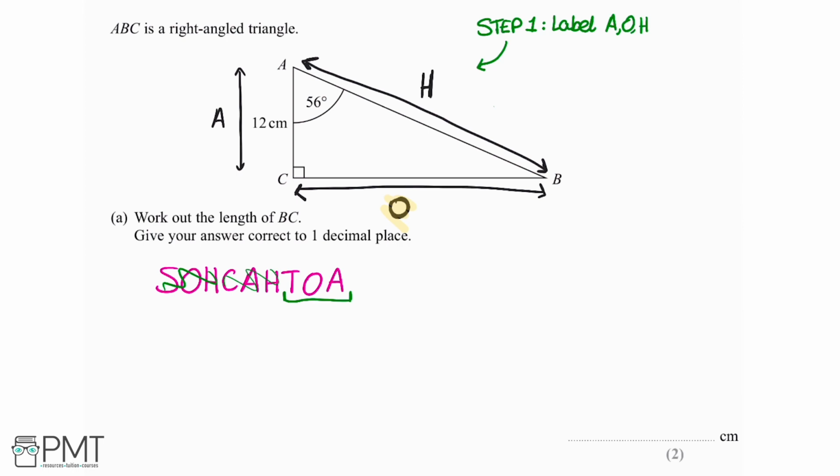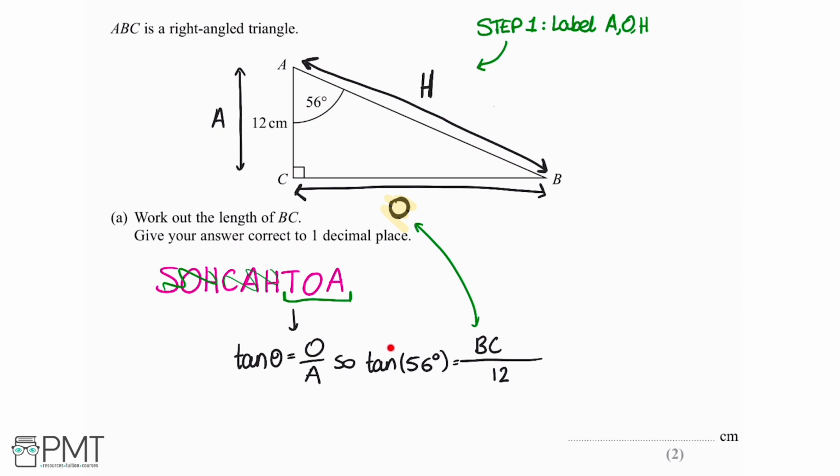What this essentially means is we've got tan of some angle equals the opposite over the adjacent. So in our case, we've got tan of 56 degrees equals opposite, because we don't know that yet, over adjacent, which is 12. The opposite side is the length that we want to work out, BC.